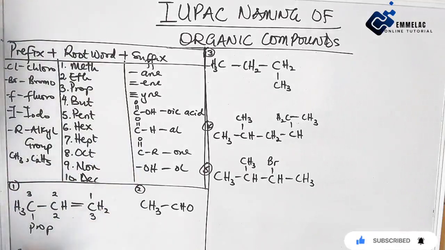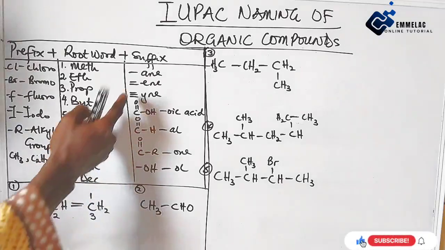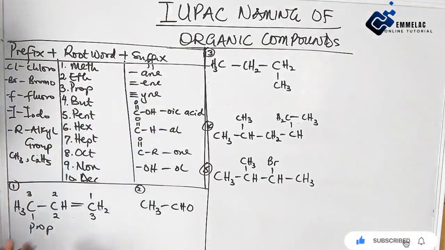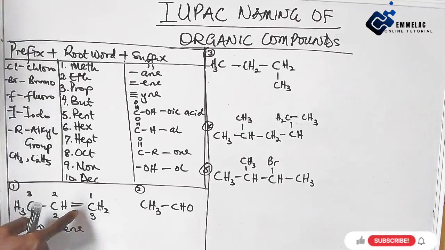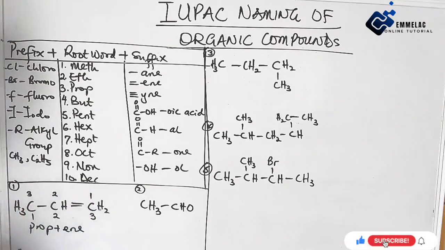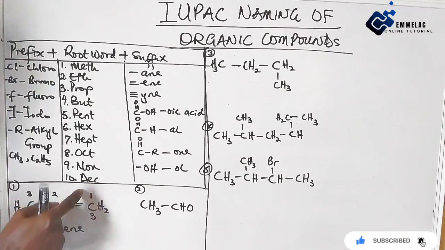Now the next step is to add the suffix. The suffix here is ene. So here we have prop plus ene. Now let us identify the position of this double bond. Here we have 1 and here we have 3. The question is, which of these should we use?